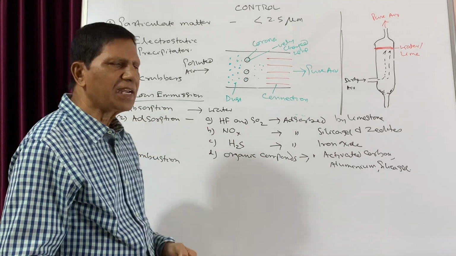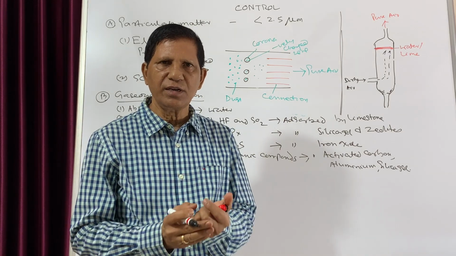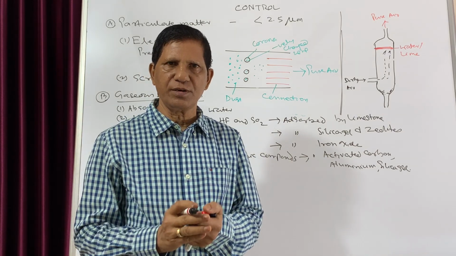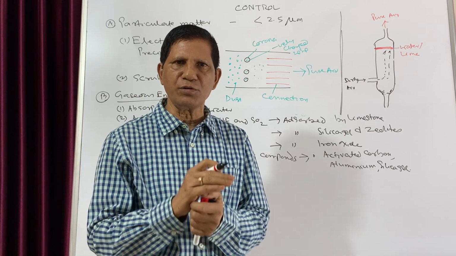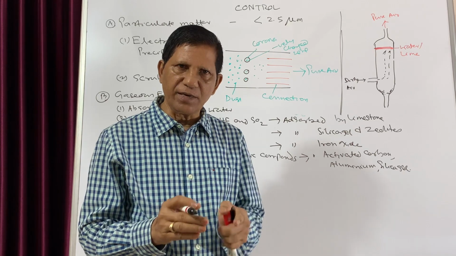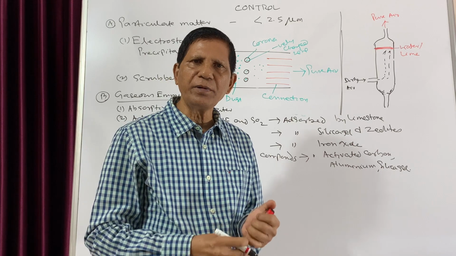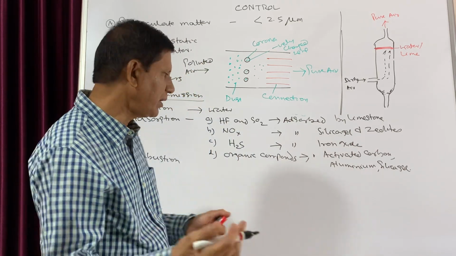Usually most of these gases which are released from the automobiles and industries are incompletely oxidized, or you can say partially combusted. So if they combine with oxygen and some combusting material, then they can be completely burnt out.